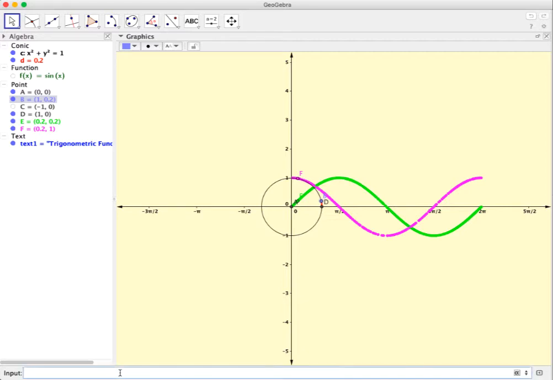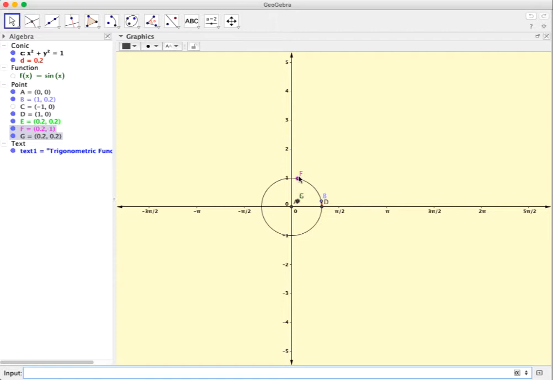Let's also see how easy and how beautiful it is to explore the trigonometric function of tangent. So D, and I'm now going to plot the y coordinate of B divided by the x coordinate of B. Isn't that going to give us the tan function? So if I do that, I get another point. Let's erase the previous traces.